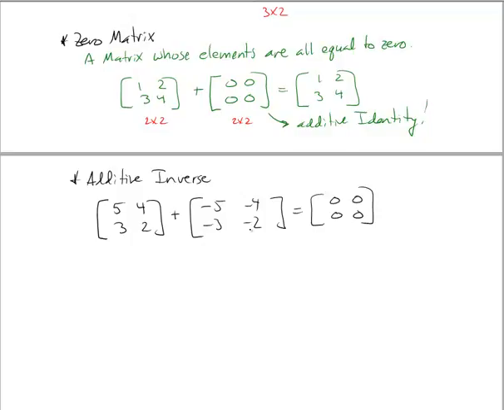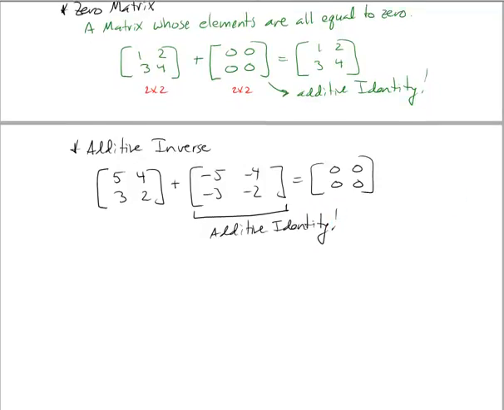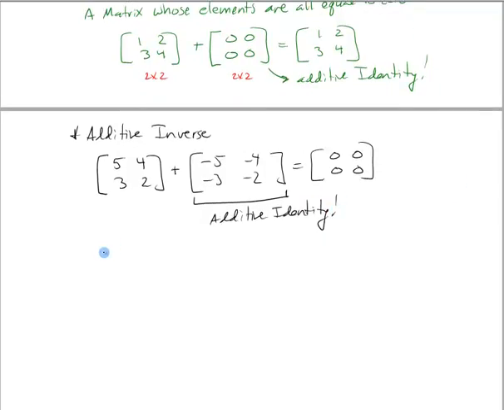So this matrix is the additive inverse. Now it's going to change from matrix to matrix, of course. So another way we can think about this is if we have matrix A, what would I add to matrix A to get 0? You would add the negative of matrix A to get 0. So again, it's the additive inverse.